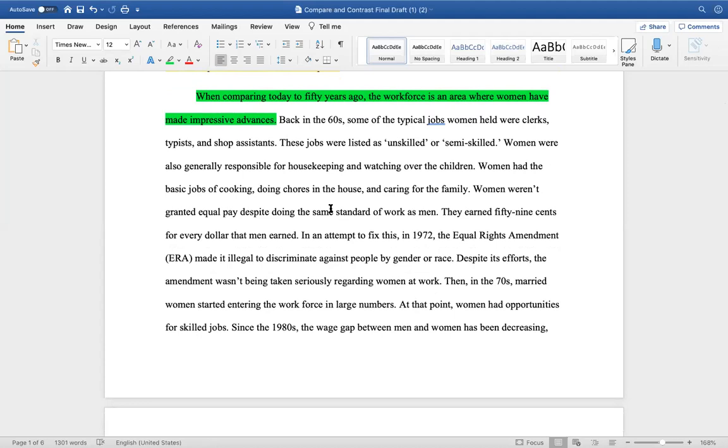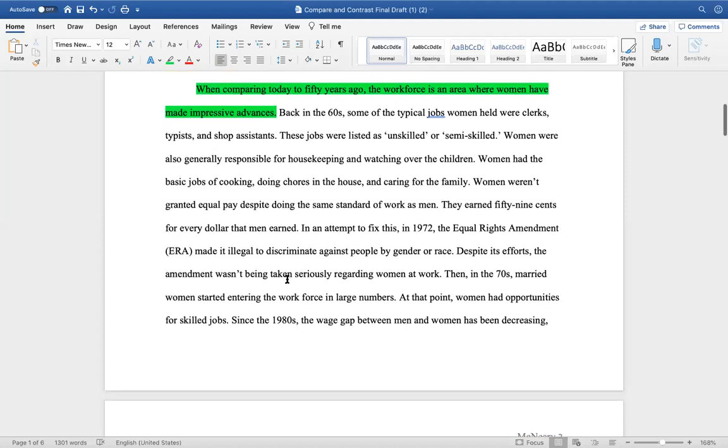Women weren't granted equal pay despite doing the same standard of work as men. They earned 59 cents for every dollar that men earned. In an attempt to fix this, in 1972, the Equal Rights Amendment made it illegal to discriminate against people by gender or race. Despite its efforts, the amendment wasn't being taken seriously regarding women at work.